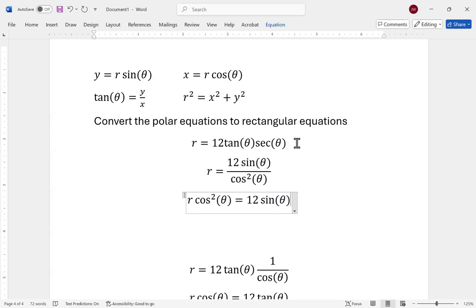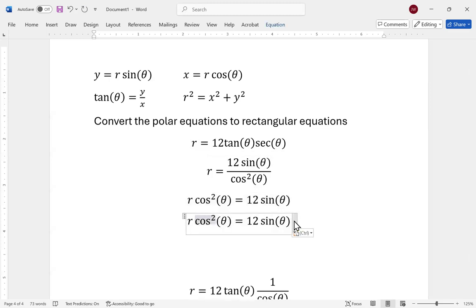And then multiplied both sides by r. Multiplying both sides by r would give me r squared on the left-hand side, and then r times sine theta on the right-hand side. And this is the same equation.